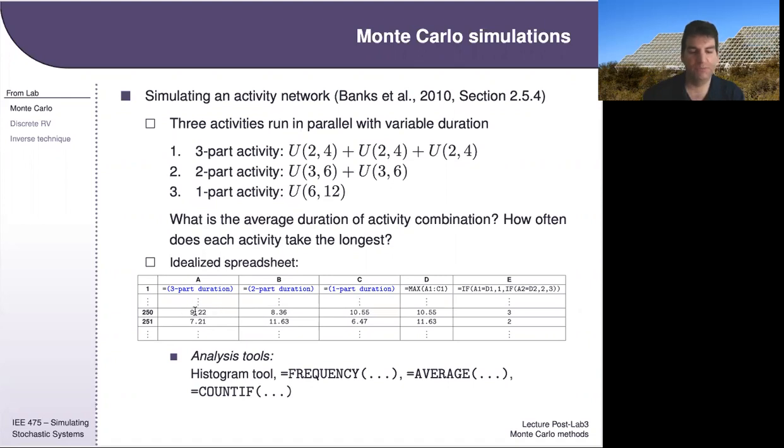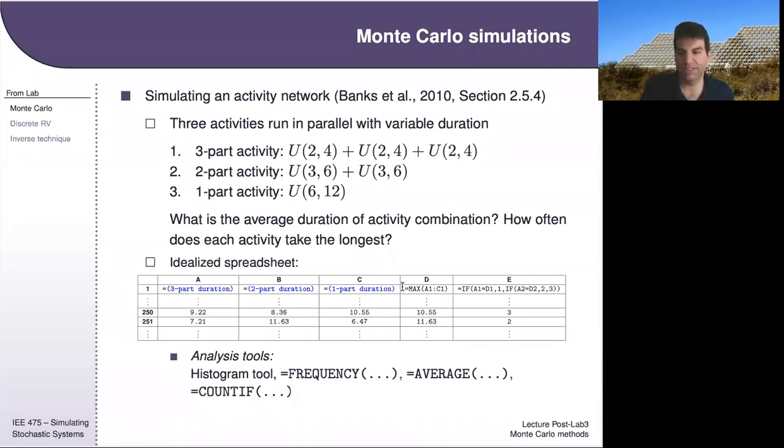I compressed things together and just took a sum of 3 random variables, so this is like equals RAND plus RAND plus RAND. Then there's a 2-part, which is equals RAND plus RAND, and a 1-part, which is equals RAND. Now, we had to use a special formula that we'll talk about in a second to scale our random numbers. So instead of being from 0 to 1, they were from, say, 2 to 4, or from 3 to 6, or 6 to 12.